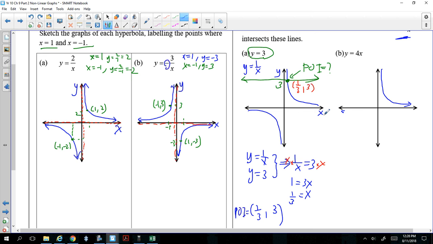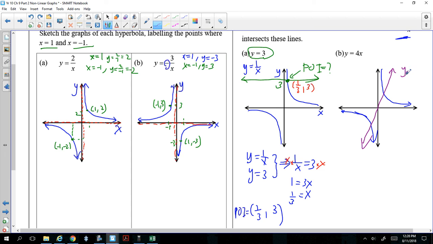Okay, so we'll draw y equal to 4x. You need to do the working. Let me draw the line first. So y equal to 4x. So it's a very steep line. This is y equal to 4x. So clearly it crosses at 2 points, right?